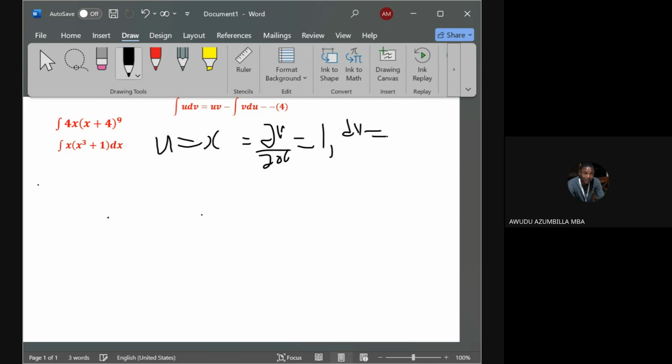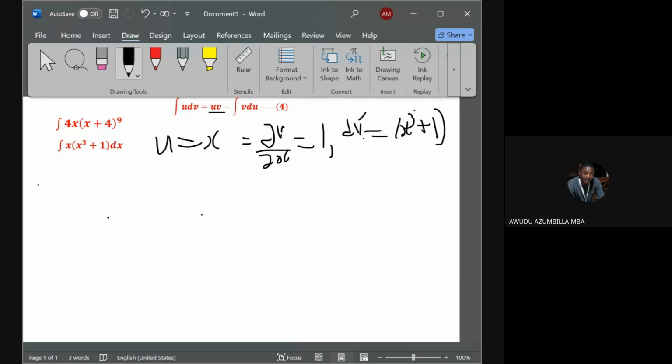Then our dv is equal to the one in the bracket, that is x raised to the power 3 plus 1. Okay, but we want v, not dv, because the formula here is uv. So we have our u equal to x, but we don't know our v.